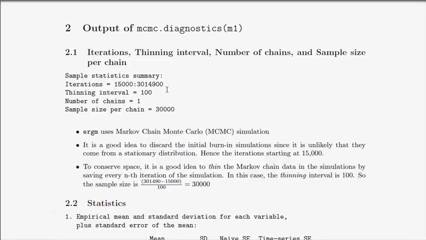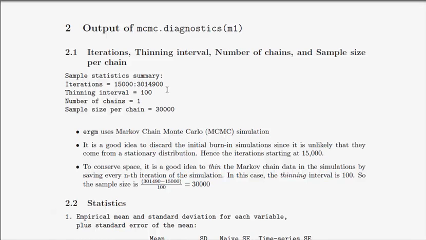Okay, the number of Markov chains that I used is 1, and sample size per chain is 30,000. As the third bullet here shows, to conserve space, it is a good idea to thin the Markov chain in the simulations by saving every nth iteration of the simulation.